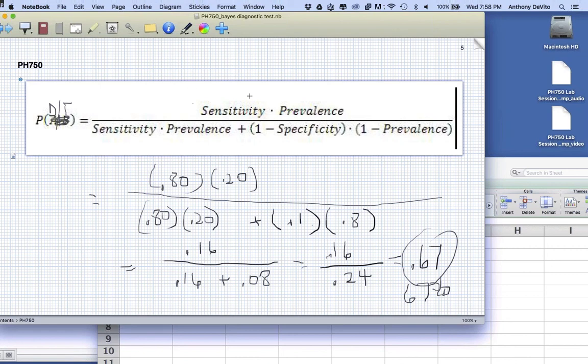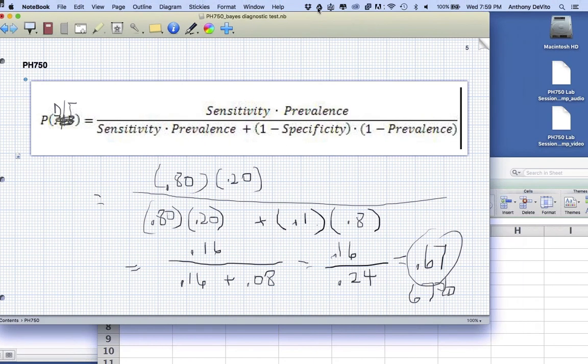The top of the equation is the total number of people that are true positives, the proportion of the population that test positive that really have the disease. And at the bottom is the proportion of the population that tests positive, whether they have the disease, which is this part, or don't have the disease, which is this part. It's true positives on top over true positives plus false positives on the bottom, just like it was when we actually pulled the numbers out of that table.